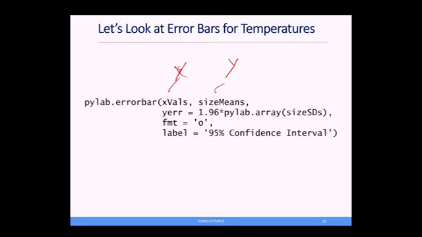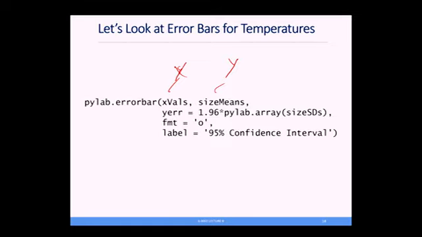And then it takes another list of the same length, or sequence of the same length, which is the y errors. And here I'm just going to say 1.96 times the standard deviations. Where these variables come from, you can tell by looking at the code. And then I can say the format, I want an O to show the mean, and then a label.